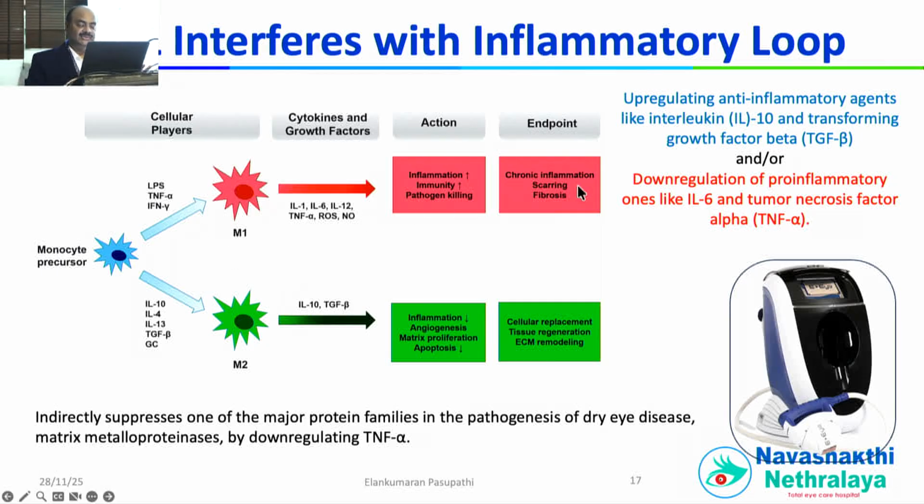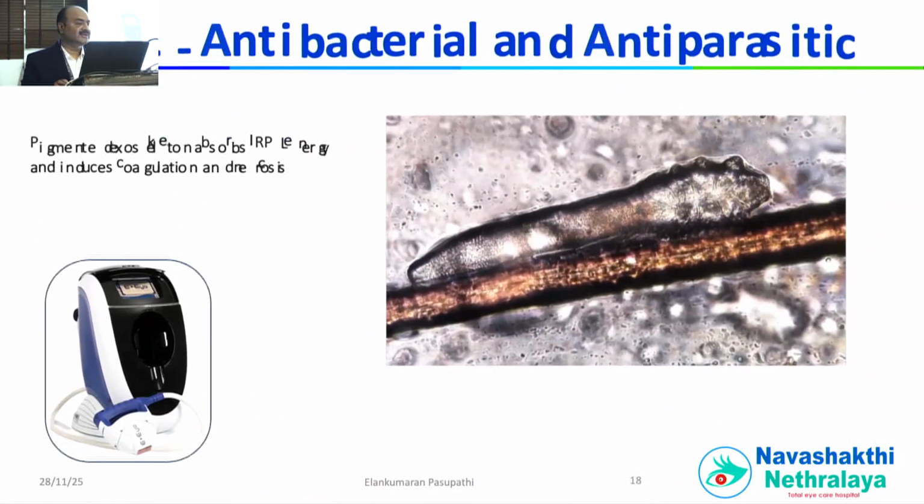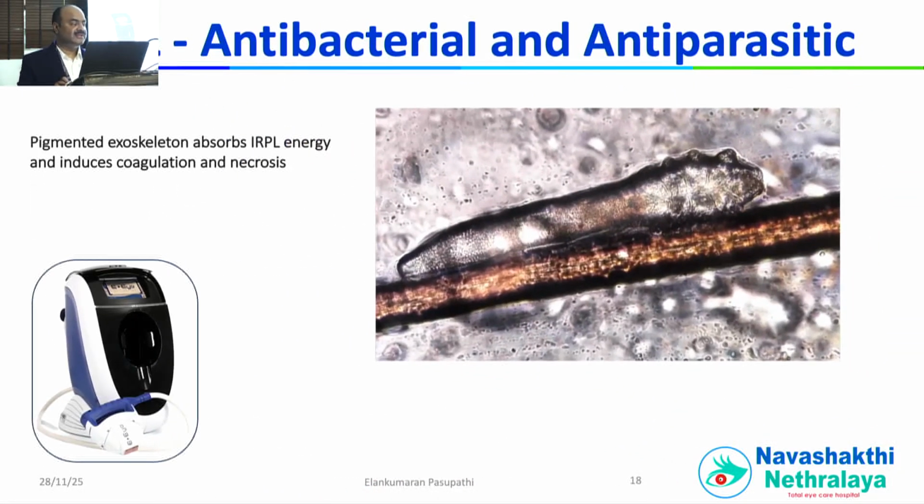And also, it downregulates the inflammatory mediators, IL-6 particularly and TNF alpha. Now, this indirectly causes decreased matrix metalloproteinases, which again reduces the inflammation. So, it plays on the inflammation. This is a very proven thing.